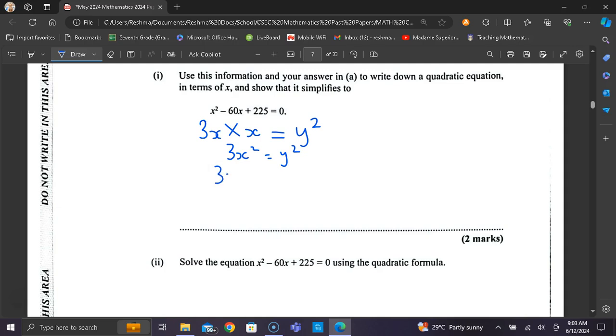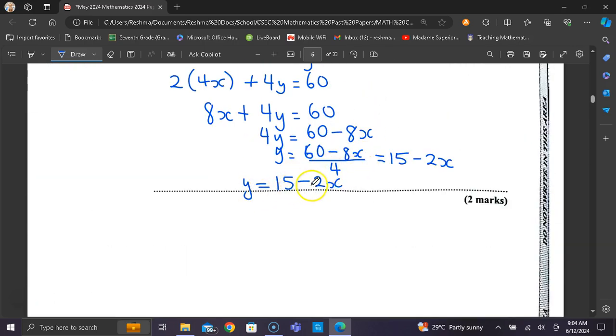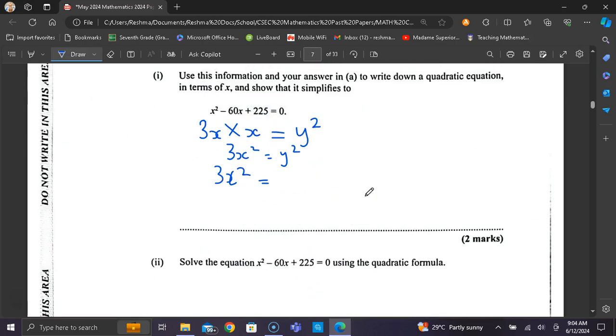So 3x squared is equal to, and this is where now we're going to substitute the expression that we got from part A, y is equal to 15 minus 2x. So I'm going to substitute that now as y. So 15 minus 2x, all squared. Okay, and we just simplify, and that would be able to give us the equation that we want.